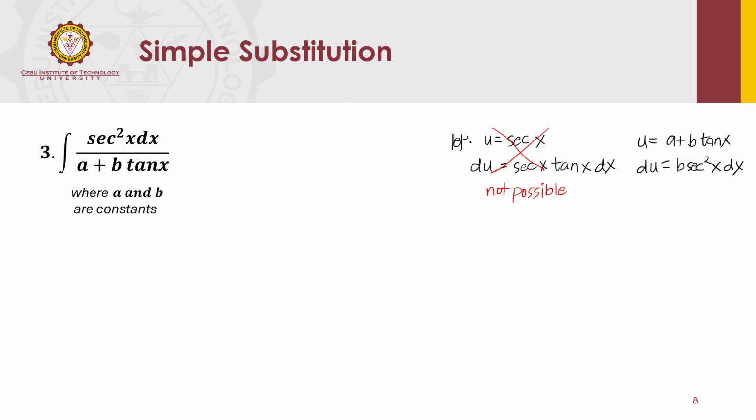So there is secant squared x dx in the numerator. So only the constant b is missing. So you can multiply it with b, and then balance it by multiplying it also with the reciprocal of b, which is 1 over b.